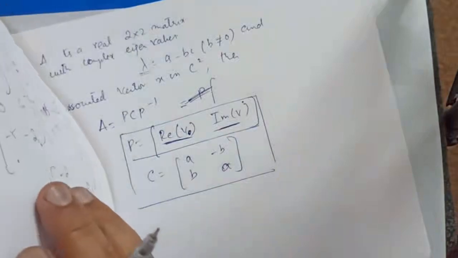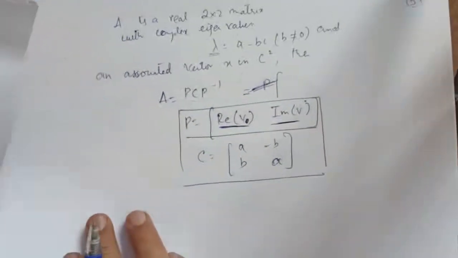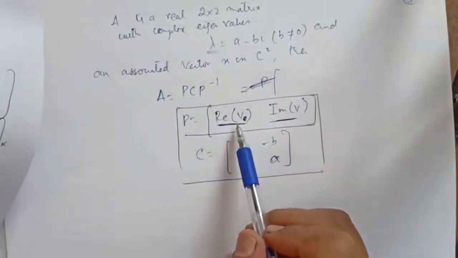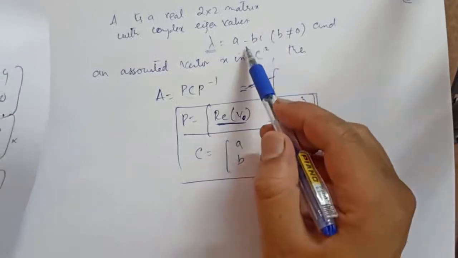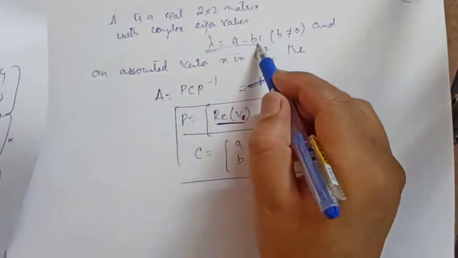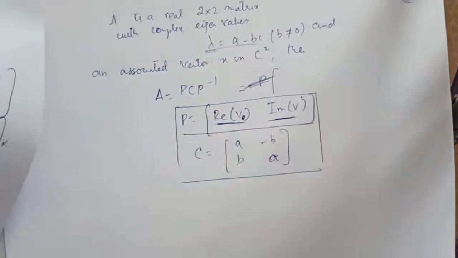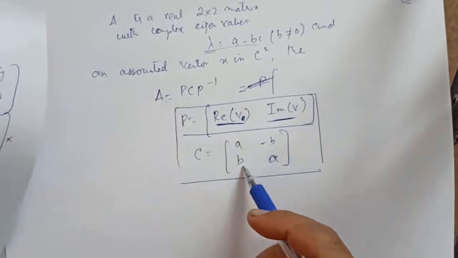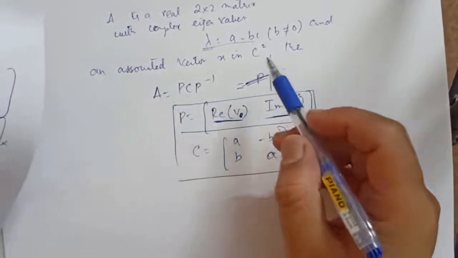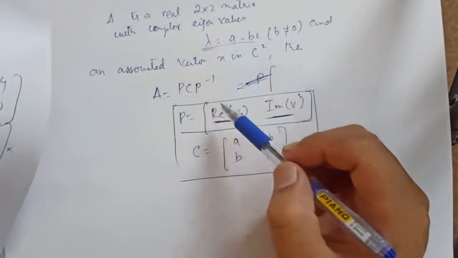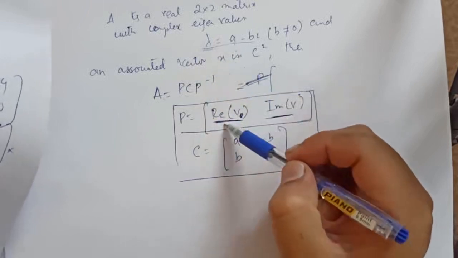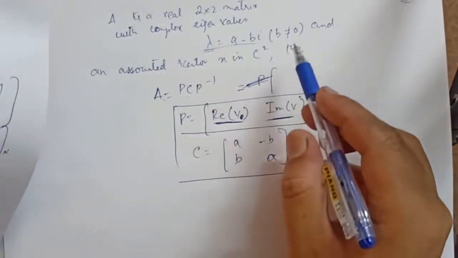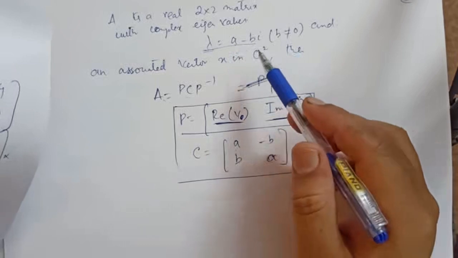Another important thing that we did learn today was that if A is a real 2 by 2 matrix and it has complex eigenvalues, we can take one of the eigenvalues, say lambda equal to A minus bi. We can write this matrix A in terms of its eigenvalues, by defining a matrix P whose columns are the real part of the vector corresponding to this complex eigenvalue and the imaginary part of the vector corresponding to lambda.